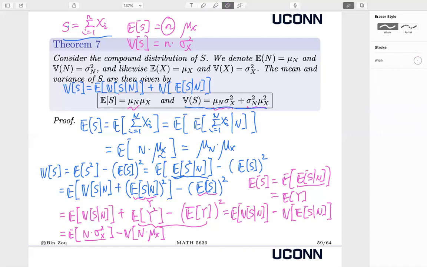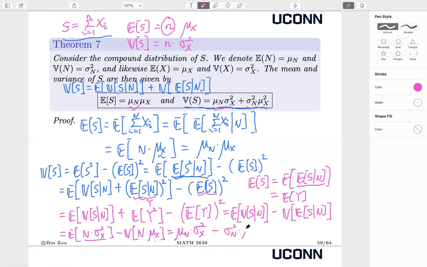Again, I simply treat n as a constant when I take conditional expectation. Then what I have is the number of x's, which is n, times the expectation for each one. So finally, sigma x squared is a constant, so it's mu n times sigma x squared. And obviously mu x is also a constant, but now we are taking variance. If we are taking variance, that constant has to be squared. So this becomes mu x squared. So this is this formula.